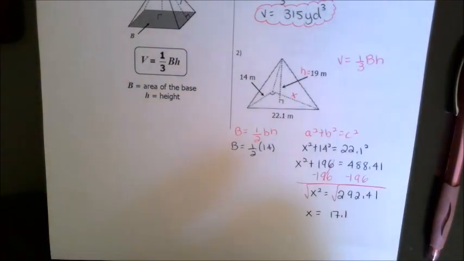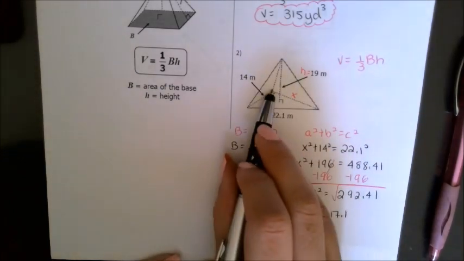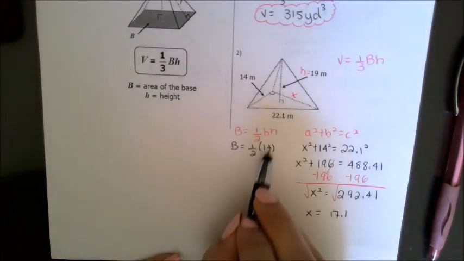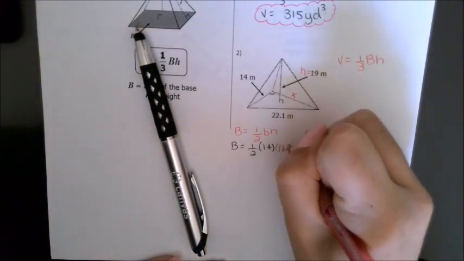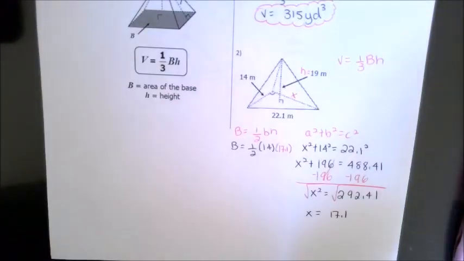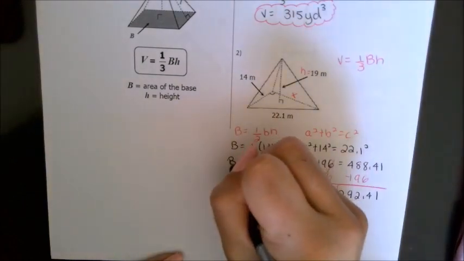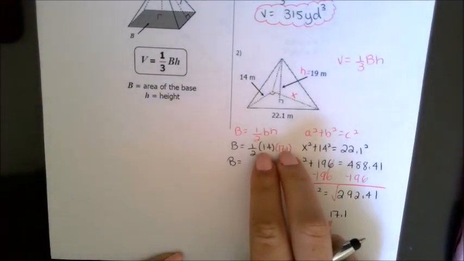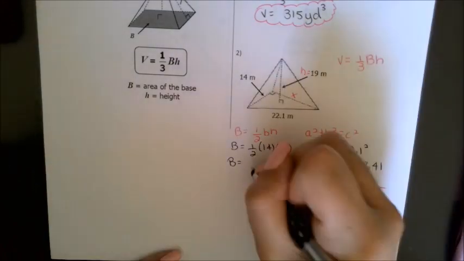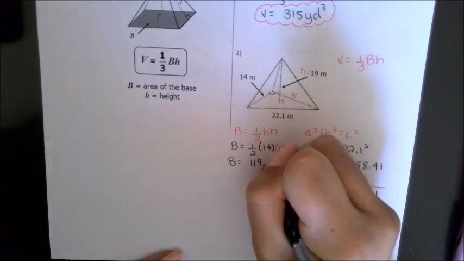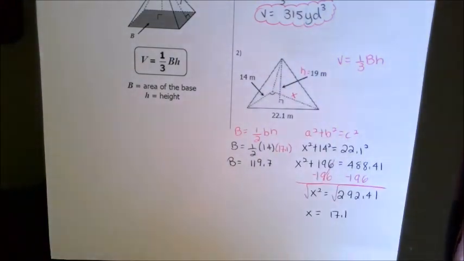And what was that all this time? This was 17.1. That represents your H, your height. So now I could go ahead and put 17.1 here to find the area of the base. So go ahead and multiply, then divide it by 2. So the area of the base is going to equal 119.7.